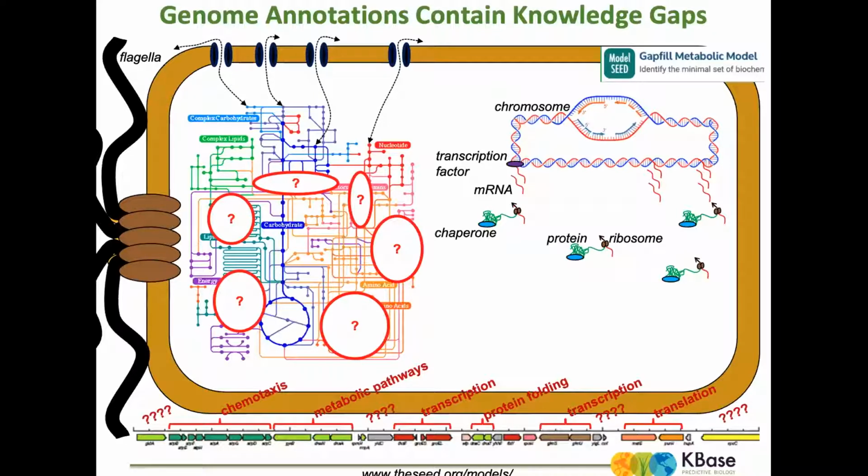We don't know what those reactions are. This is even true for E. coli or yeast, probably the most well-studied organisms for prokaryotes and eukaryotes. Because of this problem, we have metabolic gaps in networks, so in order to use these models, we need to fill these gaps.